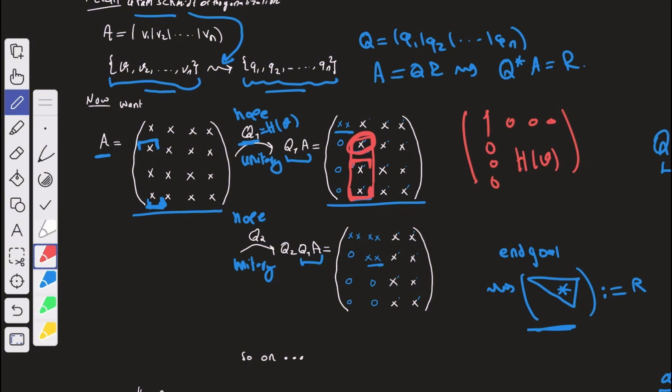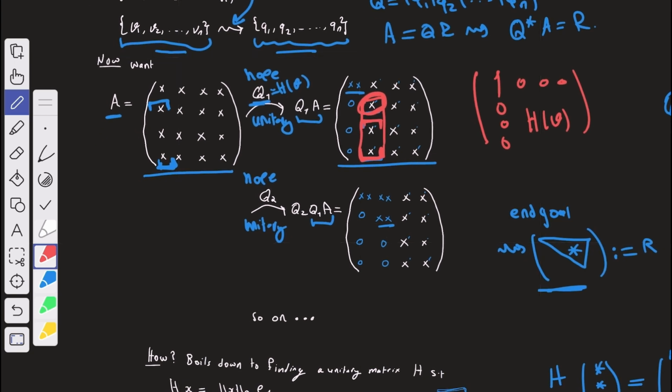However, again, if we continue the process, when we reach the third column, the only thing we want to zero out is this entry, because we want to zero out the entries below the diagonal. So to zero out just this entry, we want to apply H of v to just this vector. We don't want to apply it to the whole thing. So how do we do that? We're going to define q2 to be the new matrix we want to multiply by.